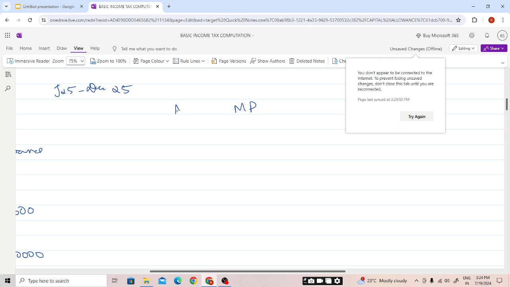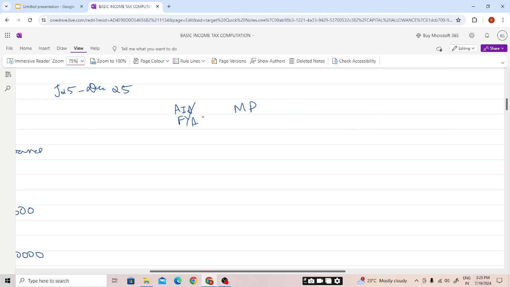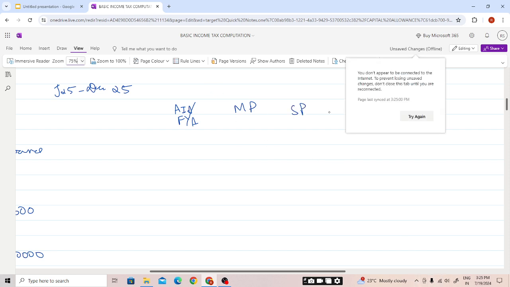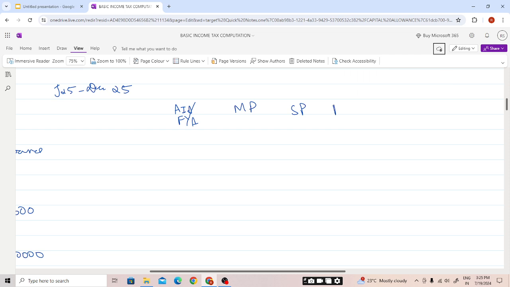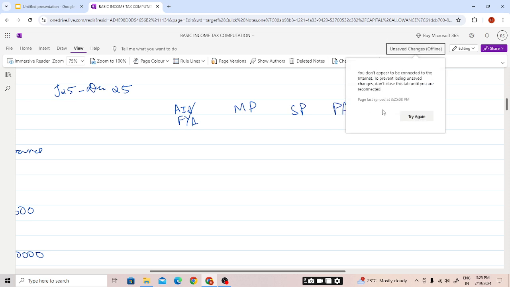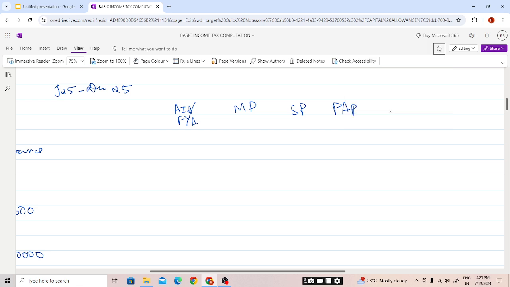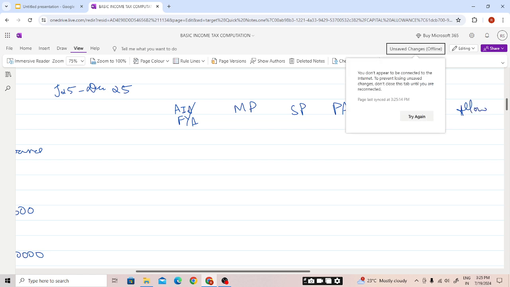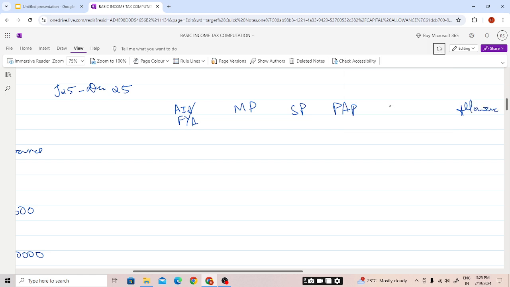Main pool, AIA and FYA, main pool, special pool, private asset pool, and then allowances here, and the last column will be short life asset pool.